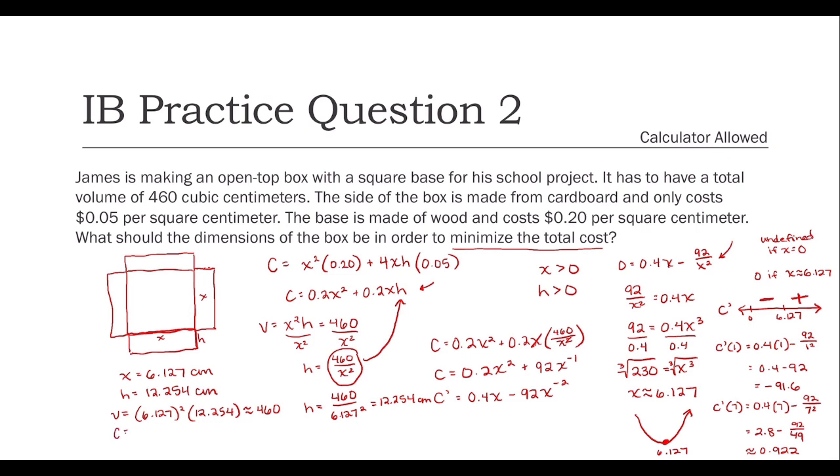And then we can figure out our cost, because our cost equals 0.2, you can look at this equation here, times x squared, which is 6.127 squared, plus 92 times 6.127 to the negative 1. So this is approximately $22.52.